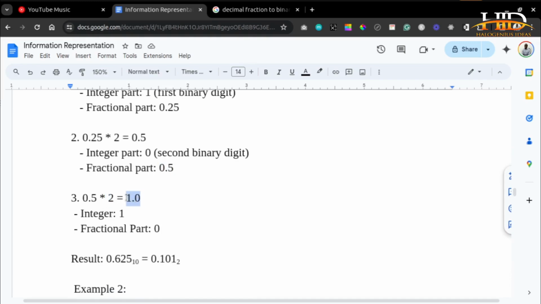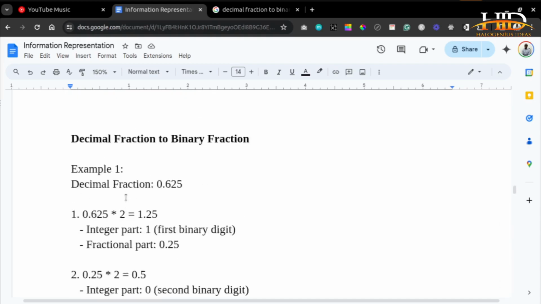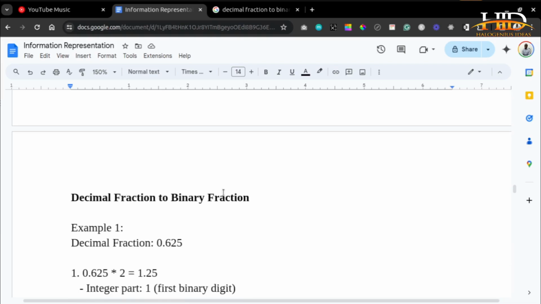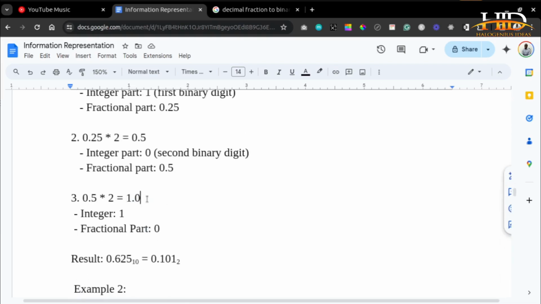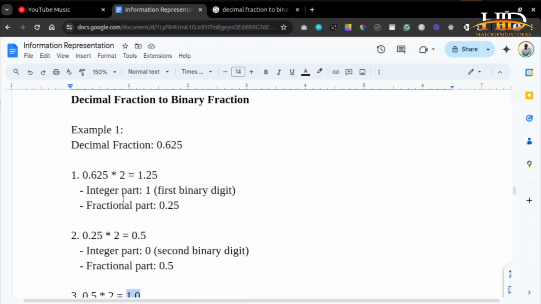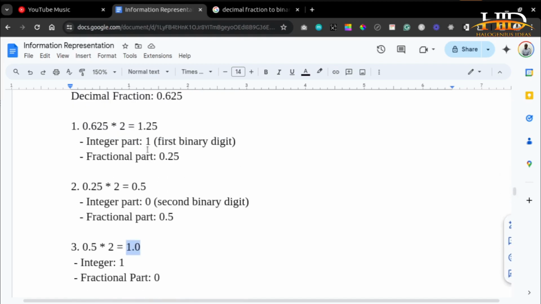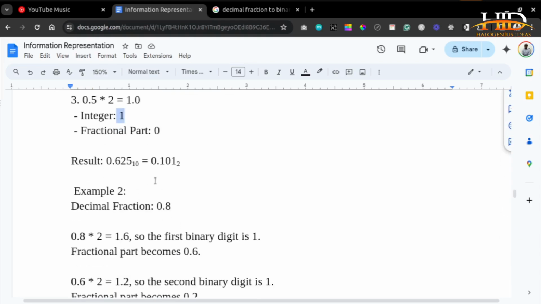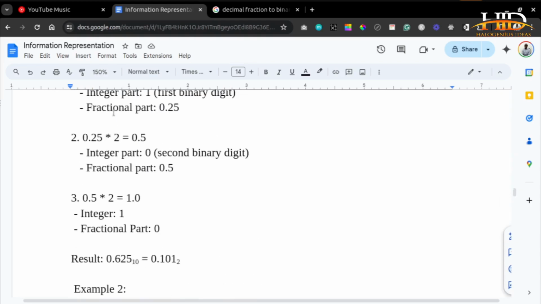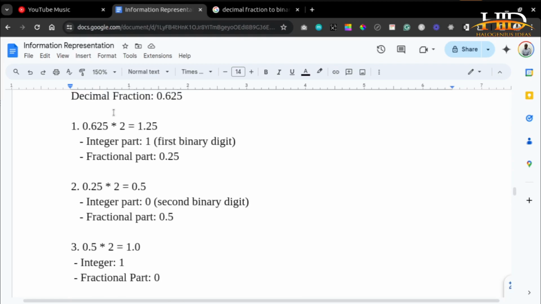So when you are trying to convert from decimal fraction to binary fraction, if you encounter 1.0, it's a good place for you to truncate your computation. So the result is going to be 101 to base 2. Okay, that is your output, your results.